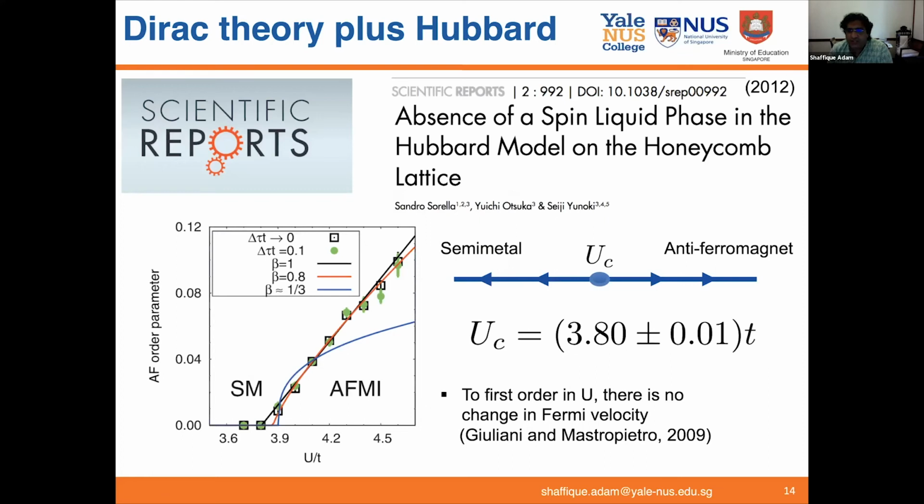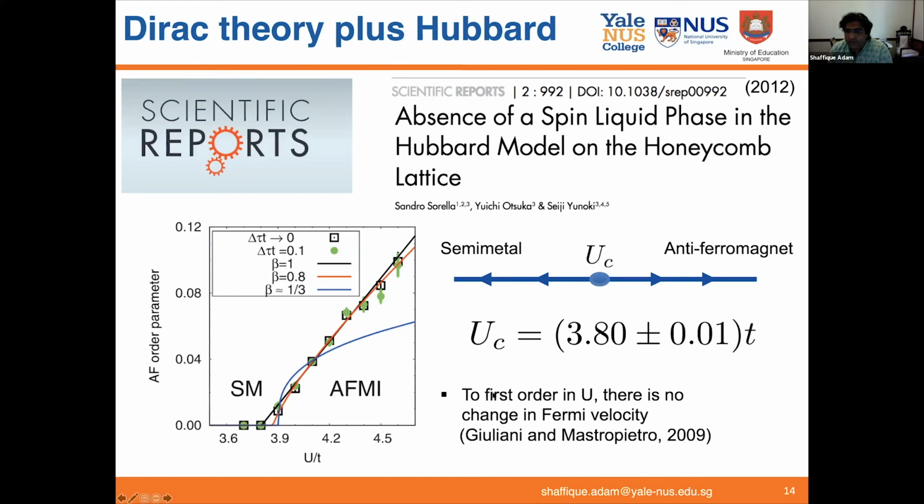One is the short-range part, the Hubbard interaction, the Hubbard U. There was earlier work by Sandro Sorella and collaborators, done with quantum Monte Carlo, showing that as you change the Hubbard U you get a critical U, UC, about 3.8, where you move from a semi-metal, where the system is metallic, to where you open up a gap and get an antiferromagnet. So you have a transition between a semi-metal and an antiferromagnet at some critical value of the Hubbard U.